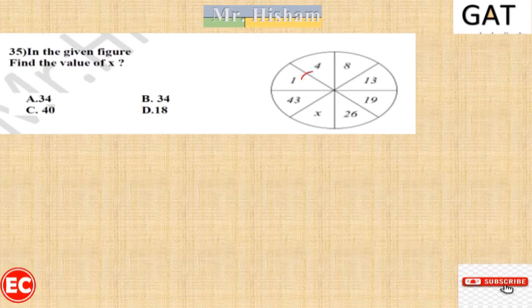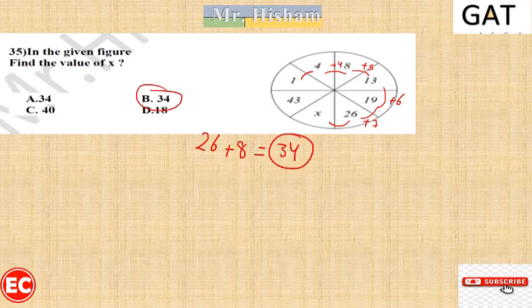From 1 to 4 you add 3, from 4 to 8 you add 4, from 8 to 13 you add 5, from 13 to 19 you add 6, then you add 7, then you have to add 8, so 26 plus 8 is equal to 34. So the right answer is 34.